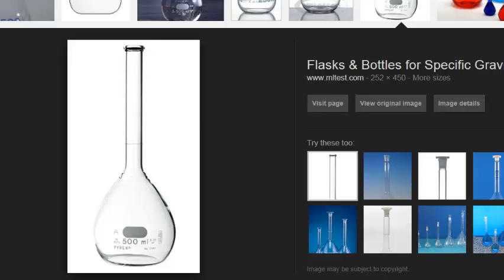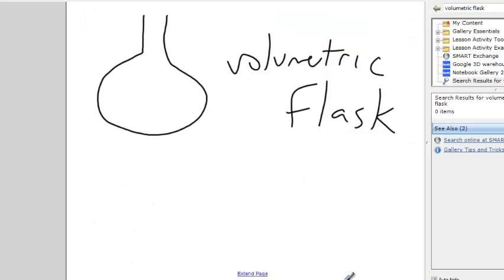So the only thing you can measure in this volumetric flask is 500 milliliters. That's what it's made for. It is not made to measure anything else. You'll get terrible significant figures if you try to measure anything other than what it's supposed to be. And they make them in different sizes. There's 50s and 25s and 500s and hundreds and 250s and liters. So it's very important to pick the volumetric flask that you want for any particular application.